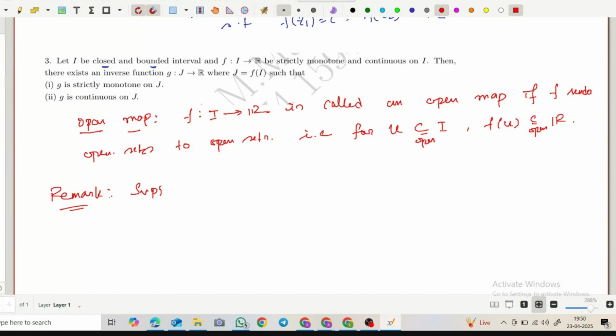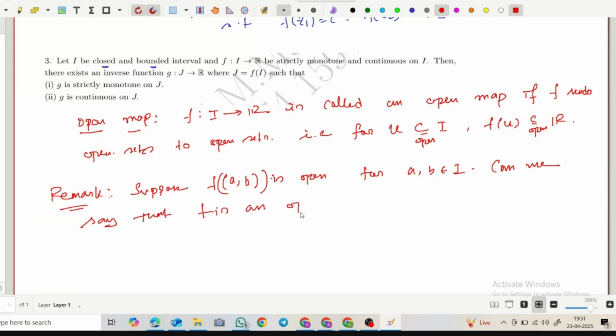Suppose this is given: if f(A,B) is open for any A, B belongs to I. Can we say that f is an open map? So you understand the question?